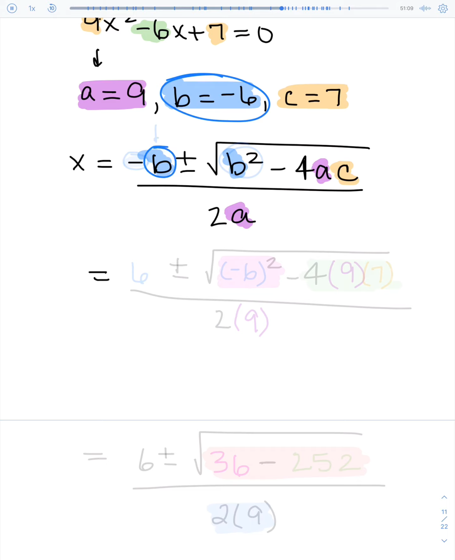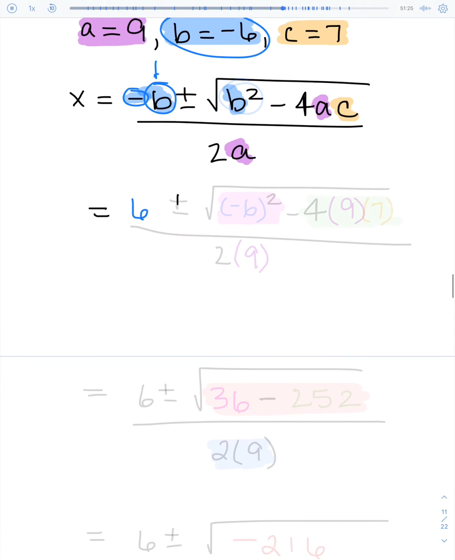Notice this first b that we're going to plug in actually has a negative out in front of it already, which means that negative 6 that we're going to plug in, that negative out in front is going to turn it back into a positive 6, plus or minus the square root of, now the next thing we've got is the negative 6 getting plugged in, but notice that b there is squared, minus 4 times, we said that a was 9, and c was 7.